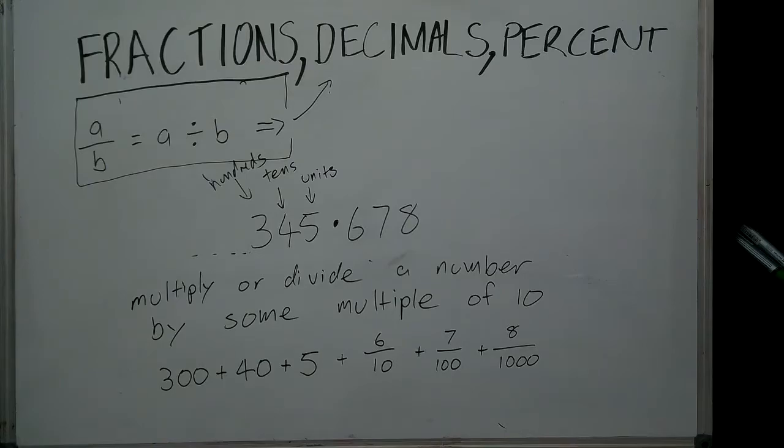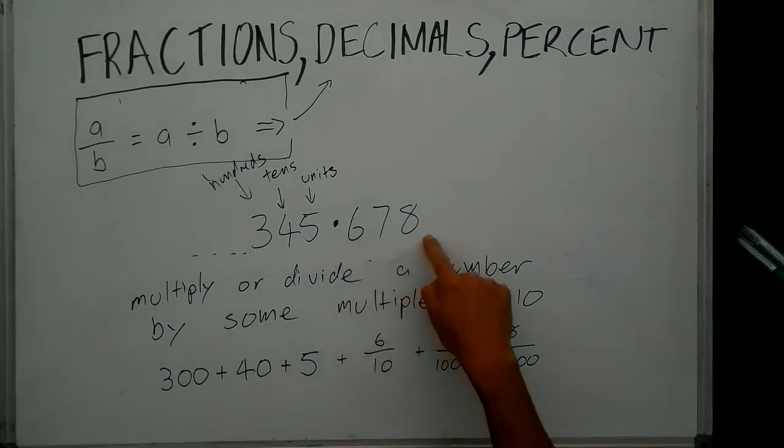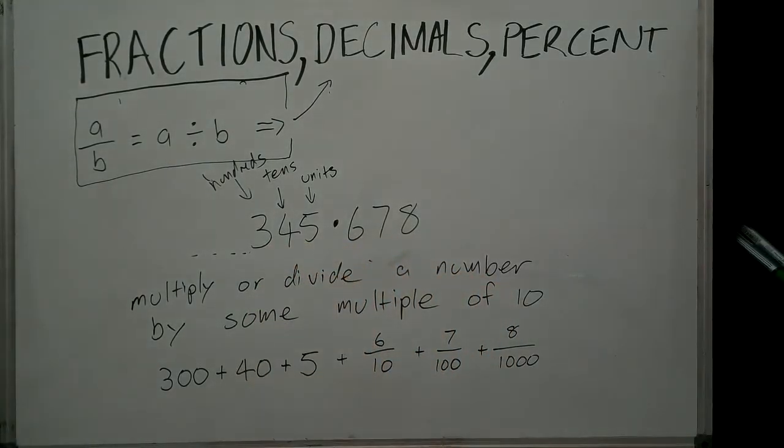So I'm hoping that whenever we're multiplying or dividing by any kind of 10, 100, 1,000, you don't need a calculator. You just shift the decimal place wherever it needs to go. Okay, so that leads us into what percents are.